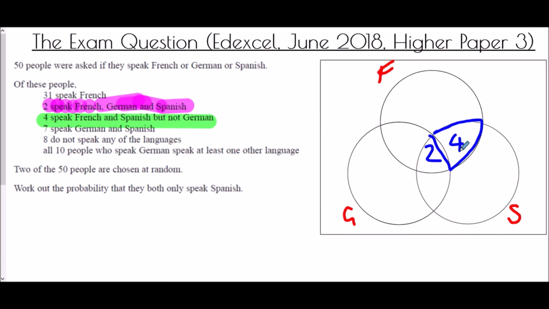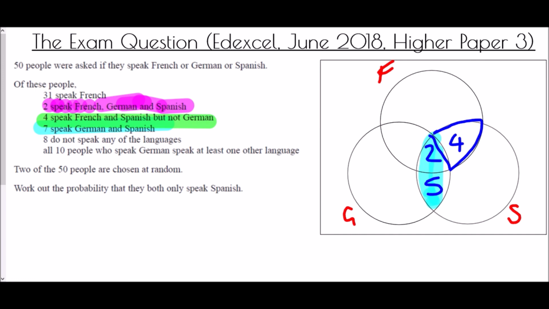In the next bit, we are told that 7 people speak German and Spanish. So German and Spanish is going to be this whole section. Now we've already used 2 of those people, and so we are only looking at 5 in that section.